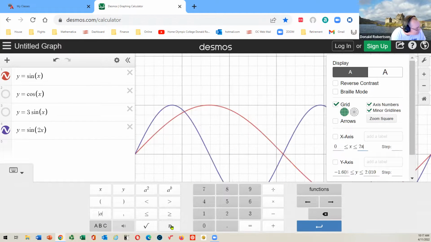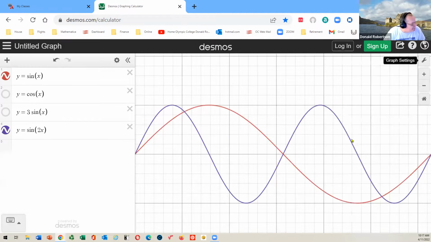Now, the red one that you're looking at is sin x. Do you see that it takes from 0 to 2 pi for the sin x to repeat itself? So the period of sin x is 2 pi. From start to finish takes 2 pi from here to here.